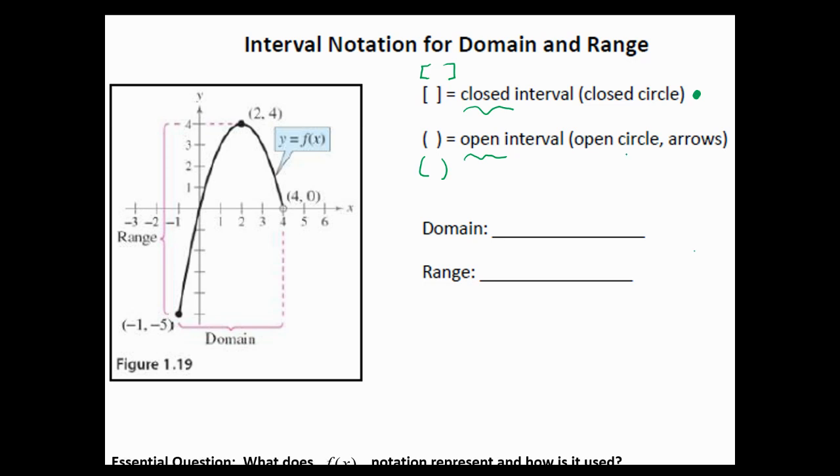An open interval has an open circle or arrows on the end. That represents infinity. If you have arrows, then you have infinity. You can have either positive infinity going this way or negative infinity going to the left on the graph. You can have positive infinity going upwards or negative infinity going downwards.